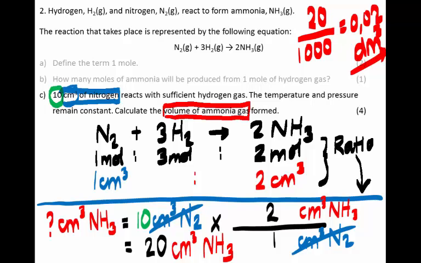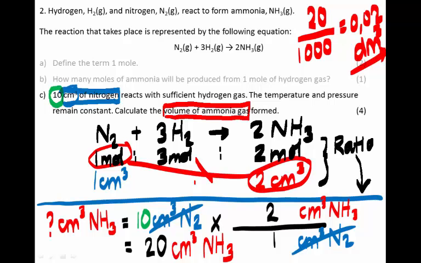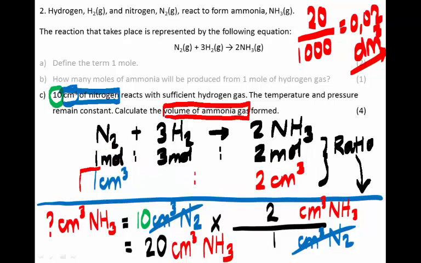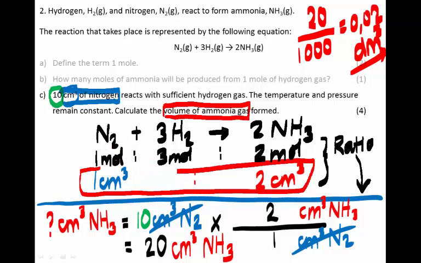You do just have to be very careful here, because unlike in the first example, these two are not equivalent. 1 mole is not 1 centimeter cubed. And so you would not be able to solve a question where you use, say for example, that and that in your unit factor, because they are not equivalent to one another. But 1 centimeter cubed is to 2 centimeter cubed. They are equivalent to one another for this reaction ratio. Why? Because always a volume reaction ratio is the same numerically as a mole reaction ratio.